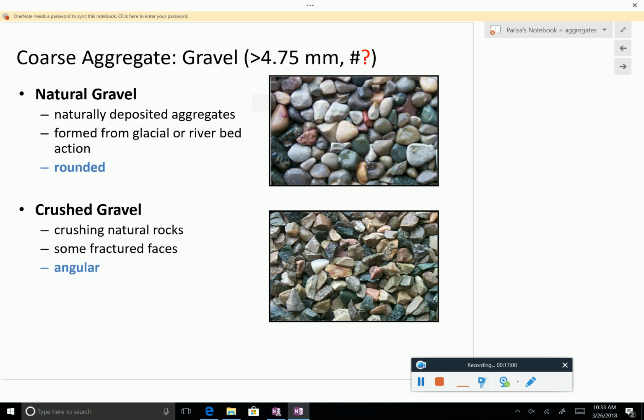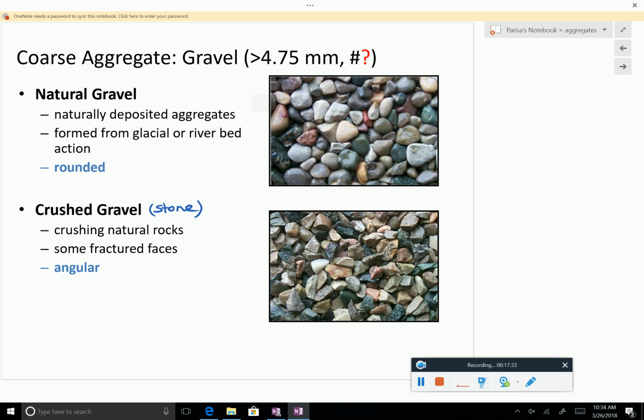I told you a little bit about shape already. If you have gravel versus crushed gravel, or crushed stone, sometimes it's called. Gravel is typically rounded, and crushed stone is angular.